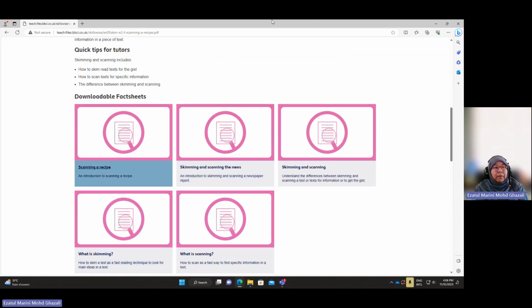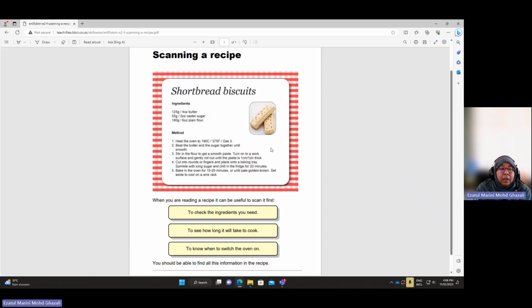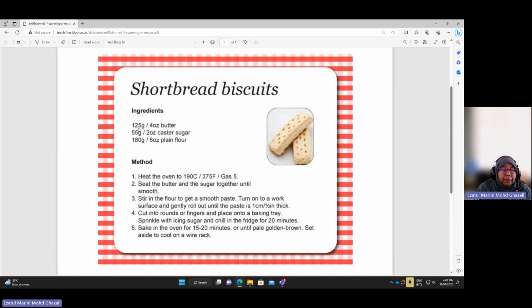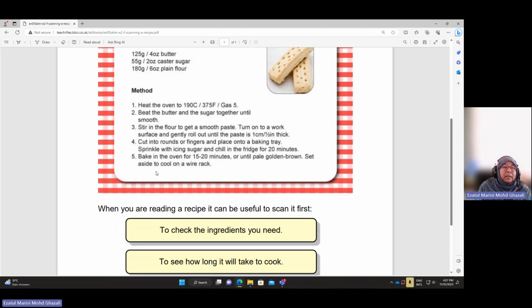Let's have a look at one example of exercise. Scanning a recipe. Okay, this is a recipe of shortbread biscuit. The ingredients are 125 gram or 4 ounce of butter, 55 gram or 2 ounce of caster sugar, 180 grams or 6 ounce of plain flour. So the method, heat the oven to 190 degrees Celsius or 375 degrees Fahrenheit or gas 5. Beat the butter and the sugar together until smooth.